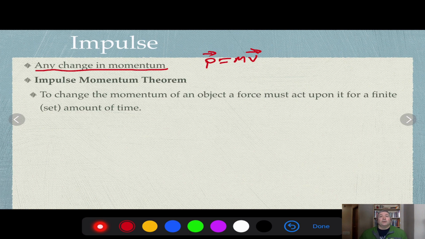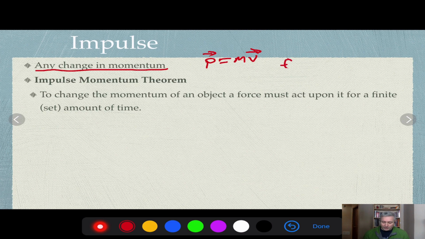This is where Newton really was looking at stuff. He was looking at changes of momentum caused by forces. Now, obviously, when we change momentum, we're putting a force on something. So a force causes an impulse. The force and the impulse are not quite the same. Don't get confused by that. Now, remember, we already talked earlier in the year about forces for a certain distance causing a change in kinetic energy.